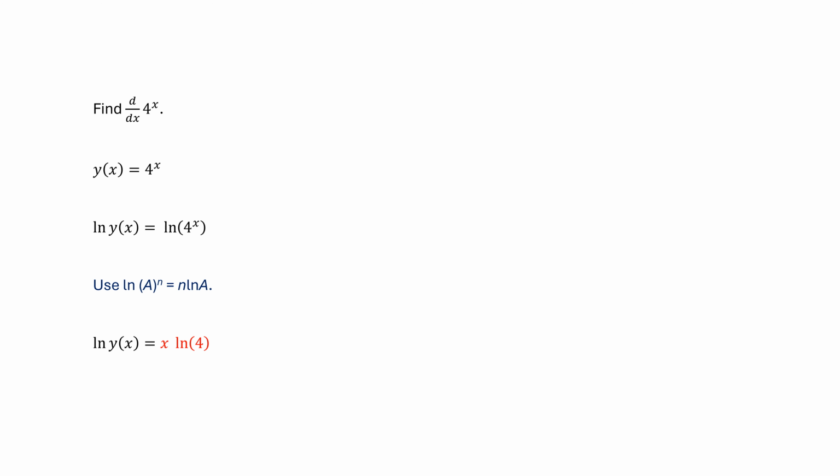And again, we can look at the log of 4 to the x as x times the logarithm of 4 using the power rule. So we now have the log of y equals x log of 4. Remember, the log of 4 is just a constant.